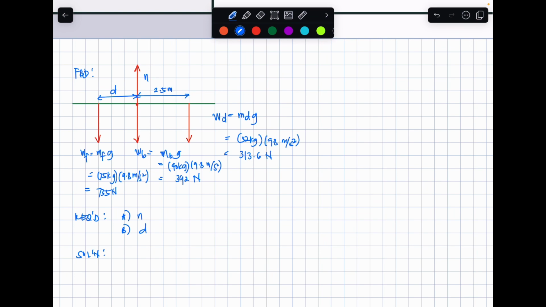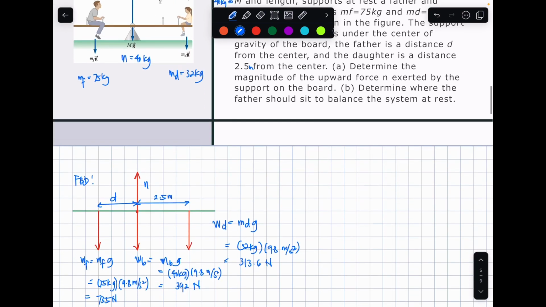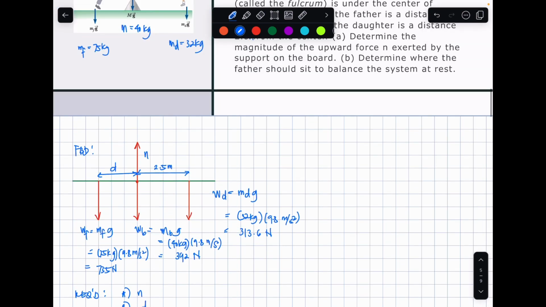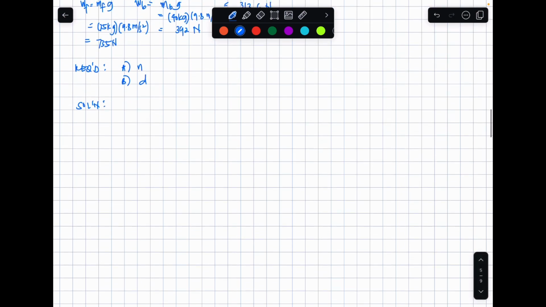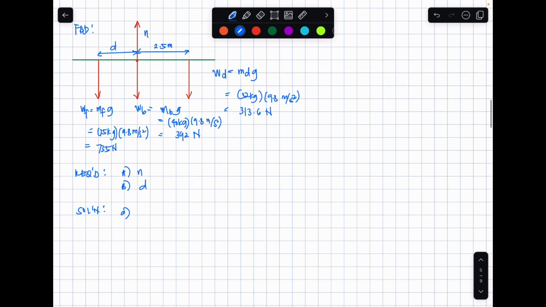Since we already have the masses, we can compute for the normal force. So we find the summation of vertical forces, and that would be equal to 0.